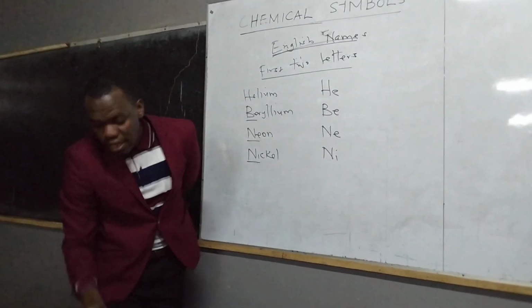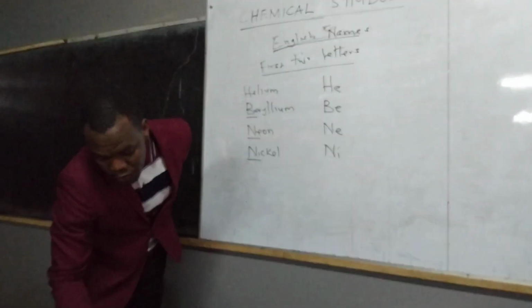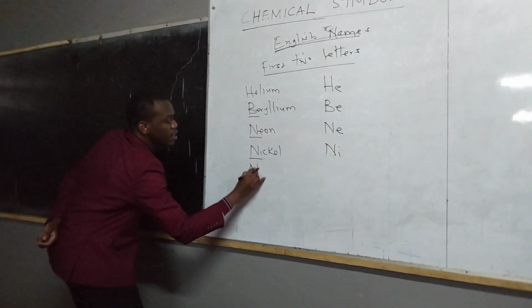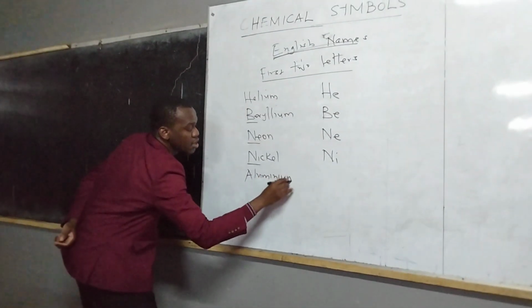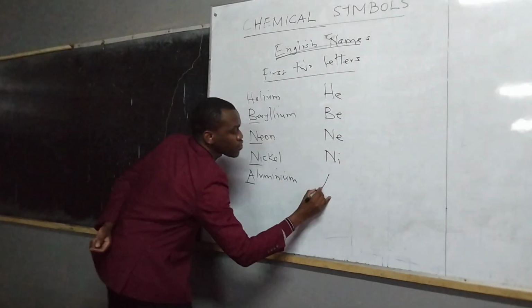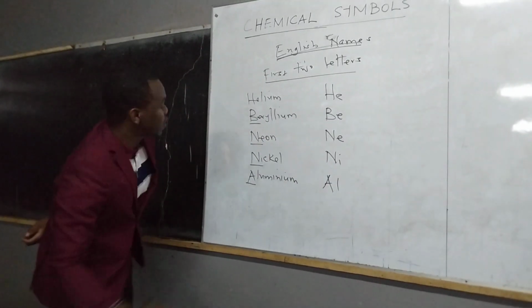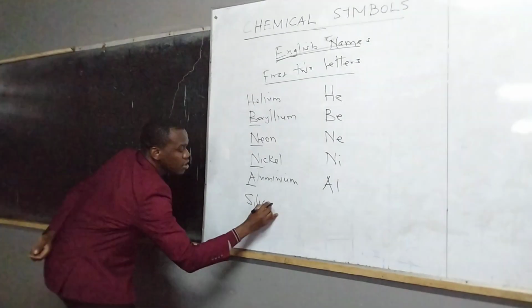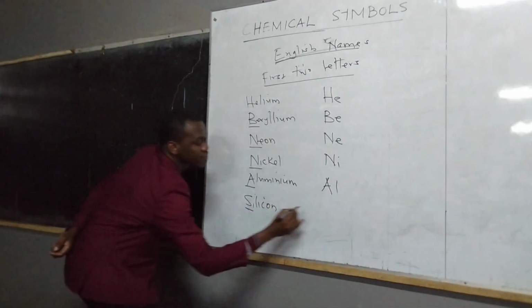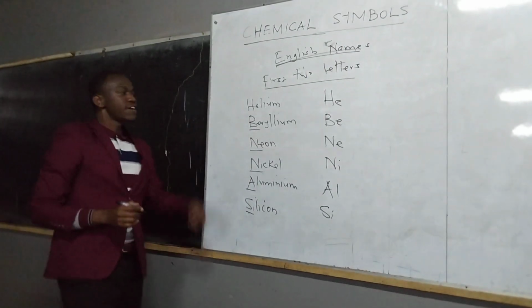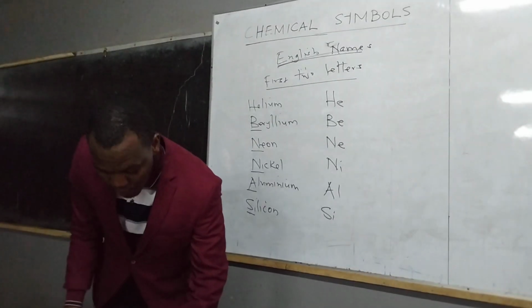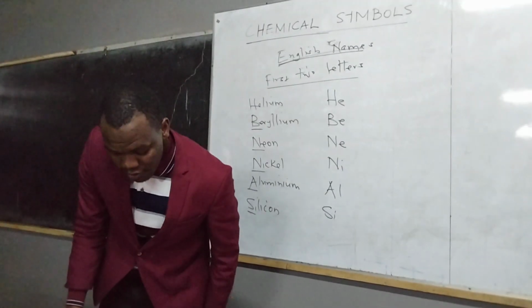And then we have aluminium. Aluminium also takes the first two letters, so it has Al. And then we have silicon. Silicon, you also take the first two letters.